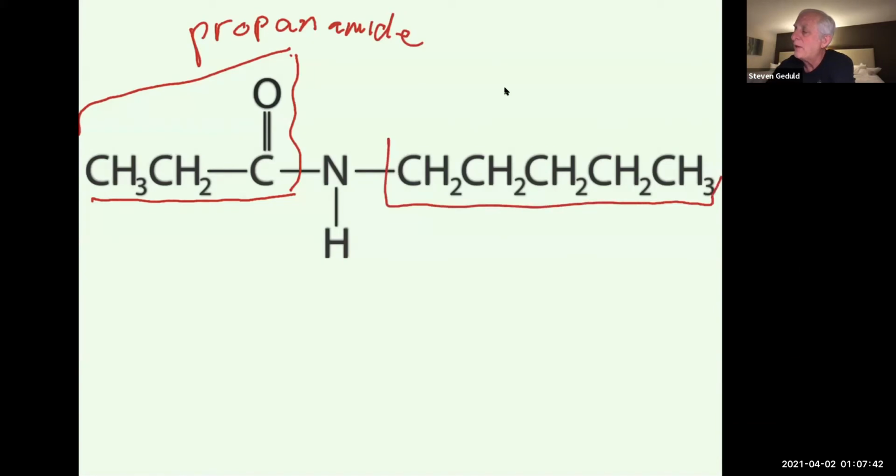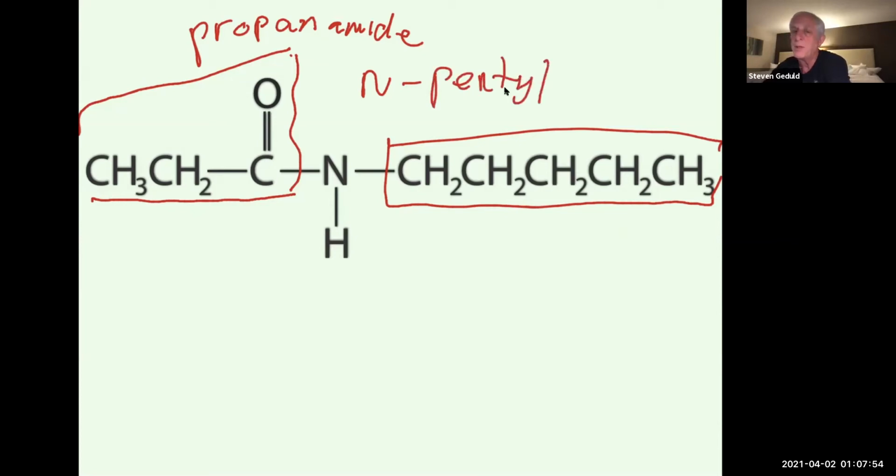So we have 1 N then. So it's going to be N. And this is 1, 2, 3, 4, 5 carbons, right? 5 carbons is pentane, or in this case, pentyl, because it's an attachment. So this would be N-pentyl propane amide.